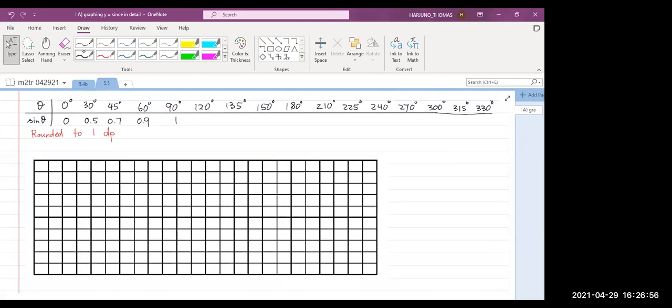The horizontal line in the middle here will be our x-axis, theta, and then this will be our y-axis.